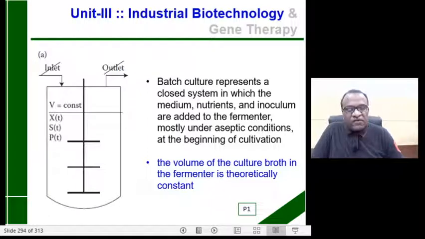Hence, the volume of the culture broth in the fermenter is said to be constant or theoretically constant, even though it is having small deviations which are insignificant relative to the total working volume of the fermenter.